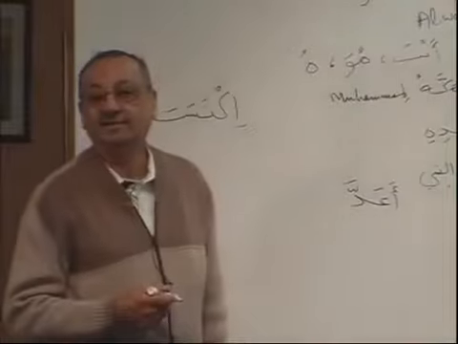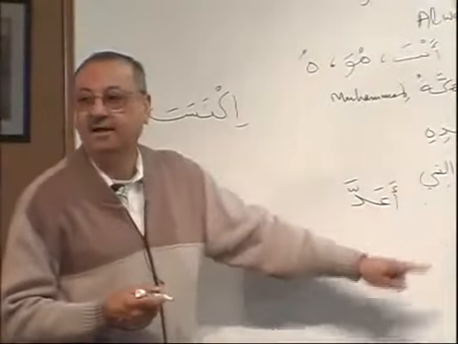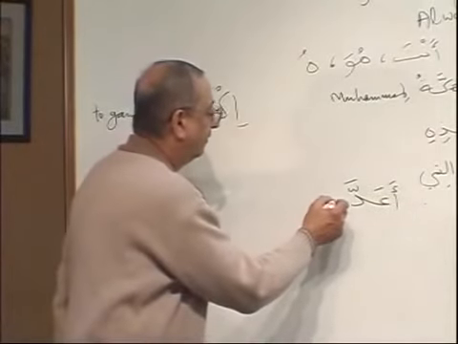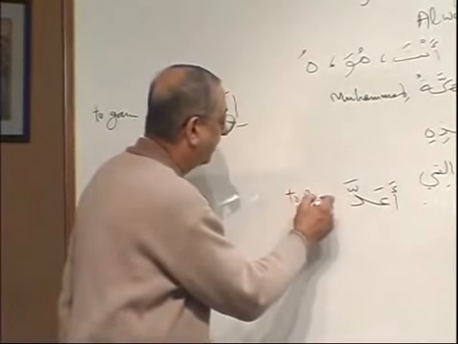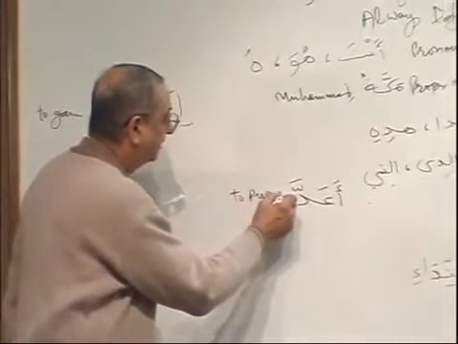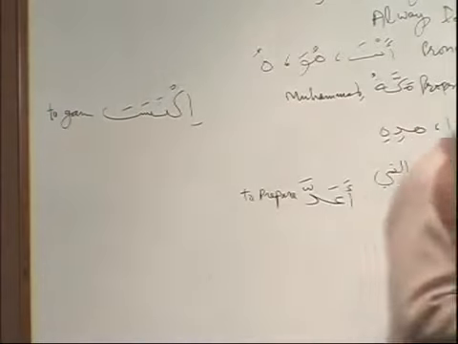Adda. This comes from adda and then adda. To prepare. This verb comes quite often in the Quran, brother. Allah has prepared Jannah for the Mu'mineen and Jahannam for the Kafirin.